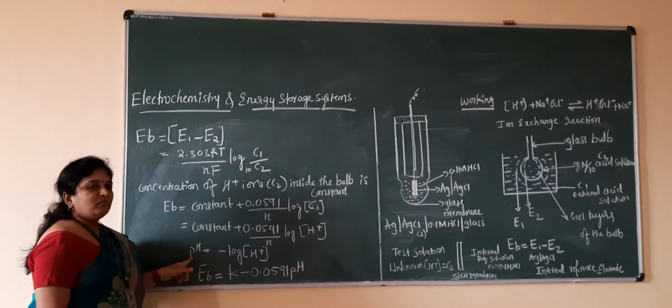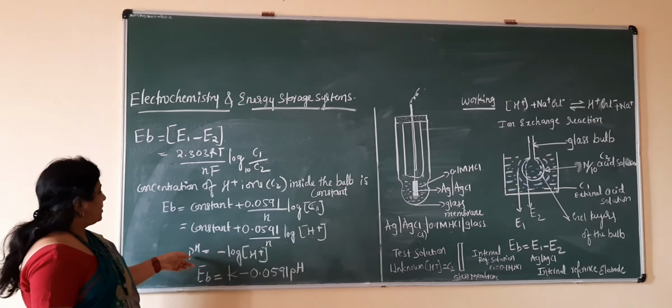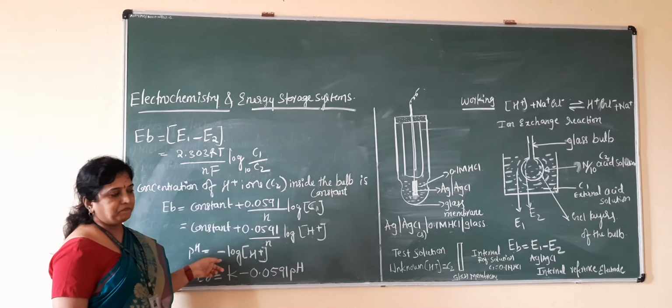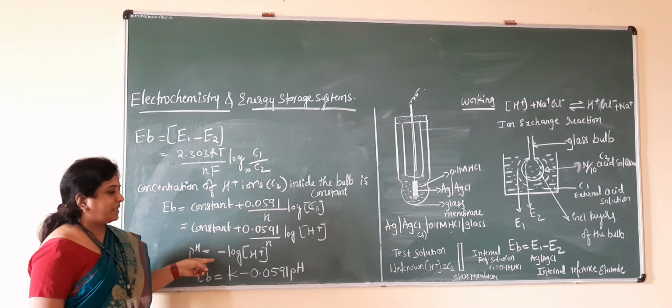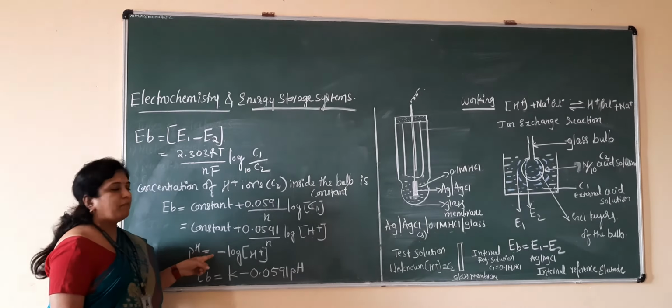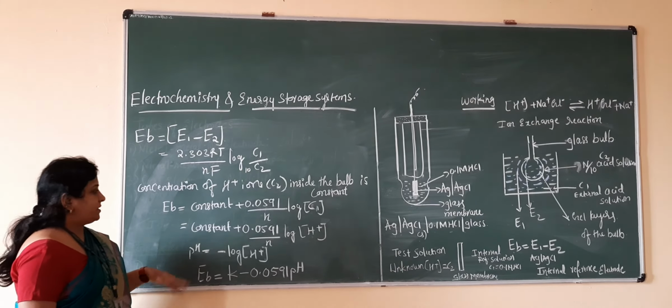Now we already know what pH is: pH is equal to minus log of H plus. We have already learned this in our lower classes, that is the formula for pH. So let us incorporate that here.